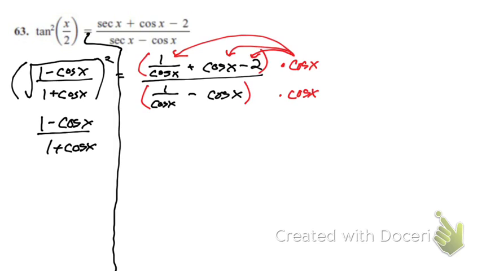we are going to have that equals cosine x over cosine x is just 1, plus, and I'm going to write this in a slightly different order because I know what's happening, minus 2 cosine x, plus cosine squared x.